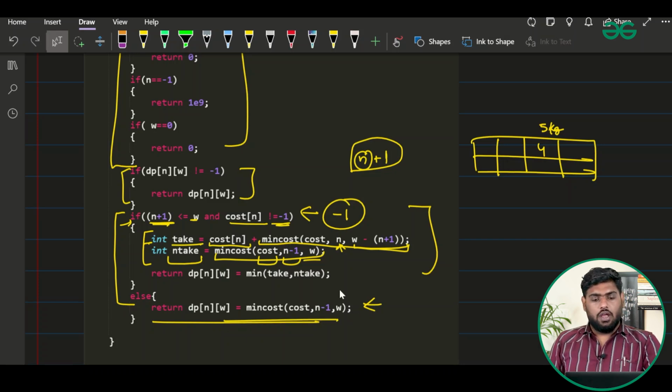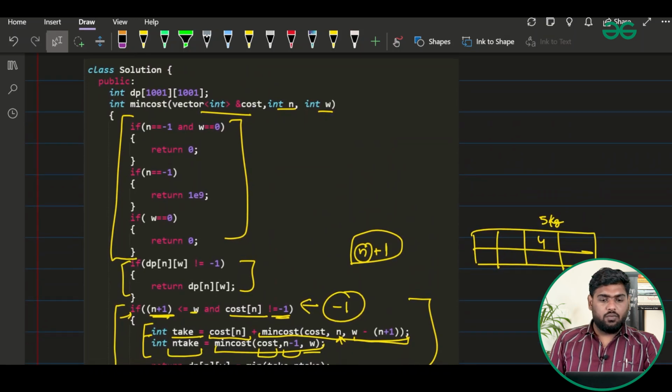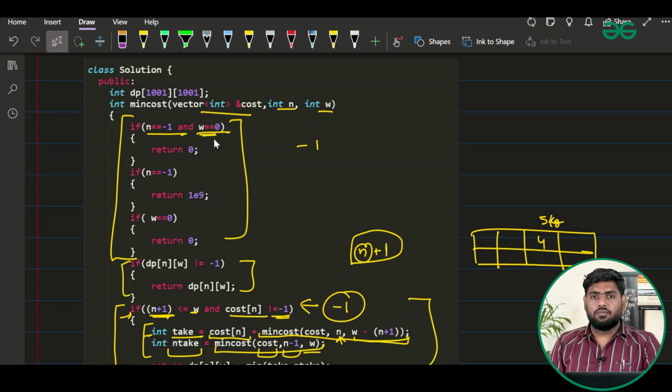Okay. Now, what have I done with my base cases? Take a look here. If my n is getting minus 1 and my w is getting 0, both the things, that means I have reduced my n till minus 1, all the recursive calls are ended, and the capacity has become 0. That means my function is running successfully and I can simply return 0 here. Done.